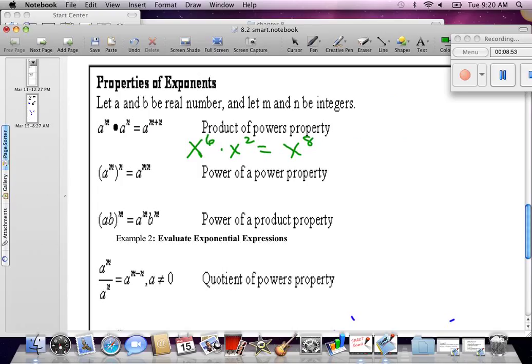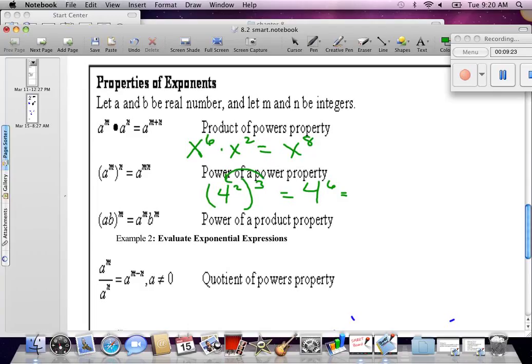Now, we did this yesterday too, power of a power property. Remember, if we had, here's an example, 4 to the 2nd to the 3rd. We're distributing the 3, aren't we? So what's 2 times 3? 4 to the 6th power. Who has a calculator? Do you remember that little button you got to push?